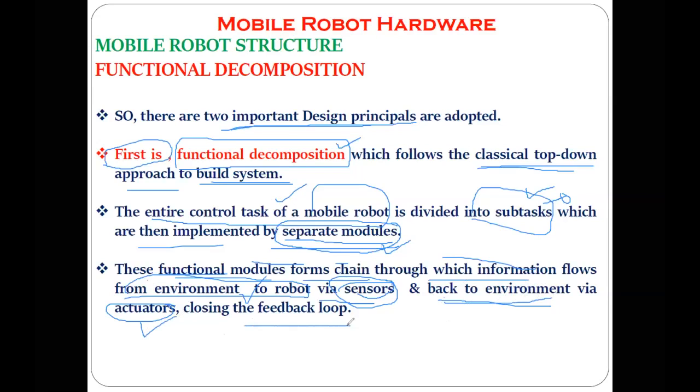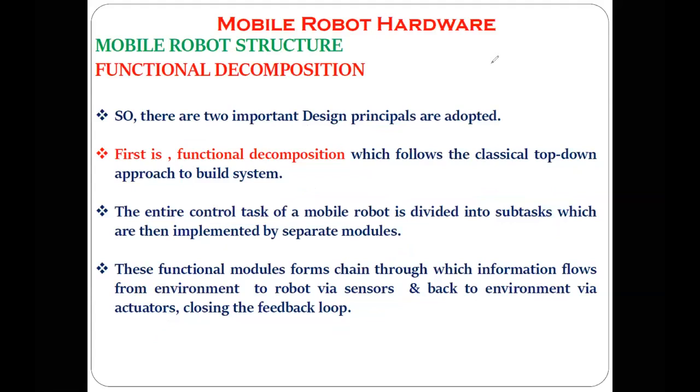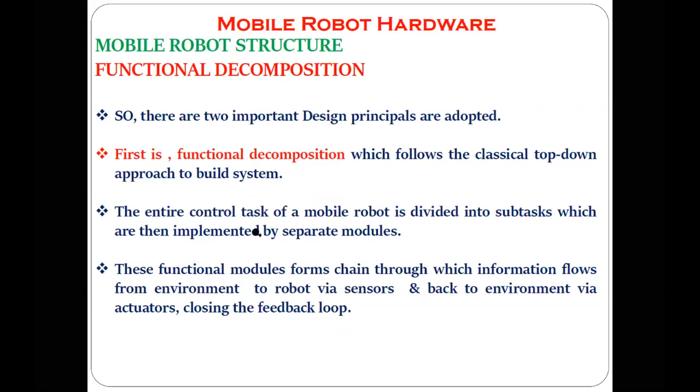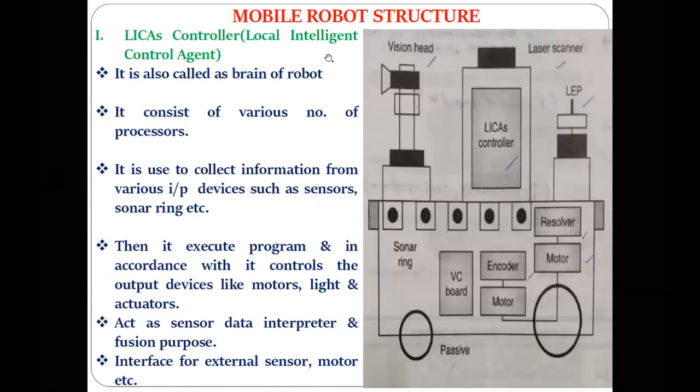In this way, there is a closed feedback loop from the environment to the robot, and again from the robot to the environment. This scenario always continues when the robot is performing its activity in the environment. So what exactly these functional modules are, what the function of each of them is, and how they are interrelated, we are going to see in this particular part.